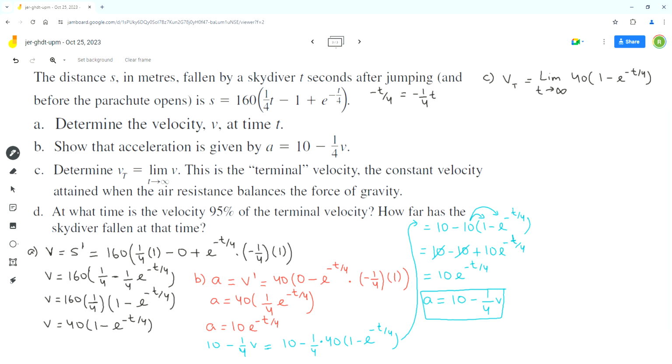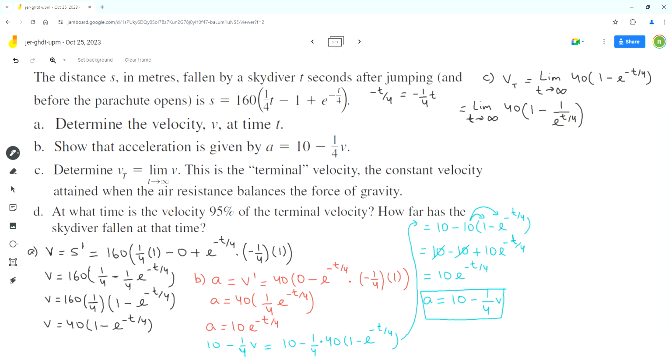Now in the next step, before we apply the limit, we should move the e term to the denominator to make its exponent positive. So we get the limit as t approaches infinity of 40 times 1 minus 1 over e to the power t over 4.